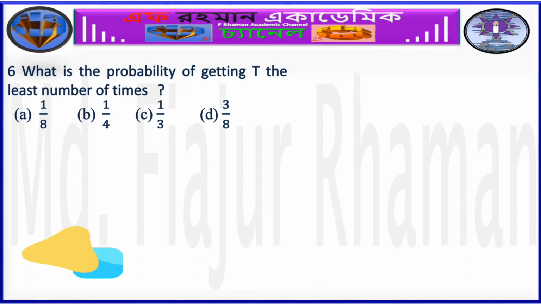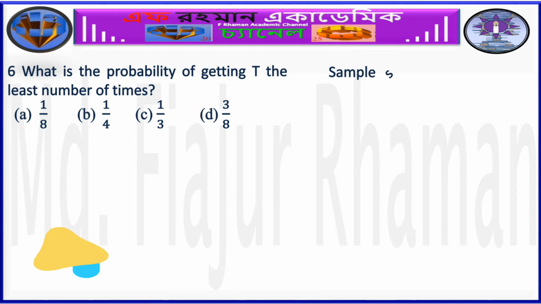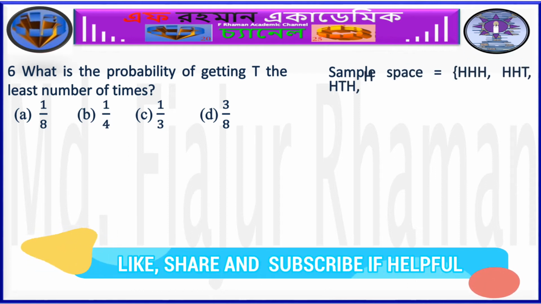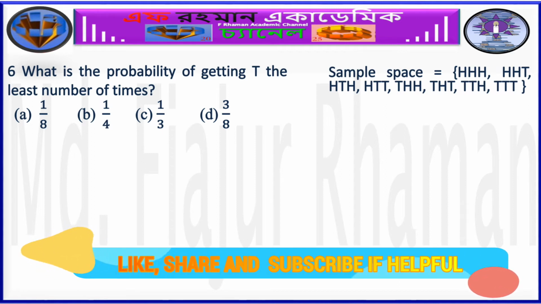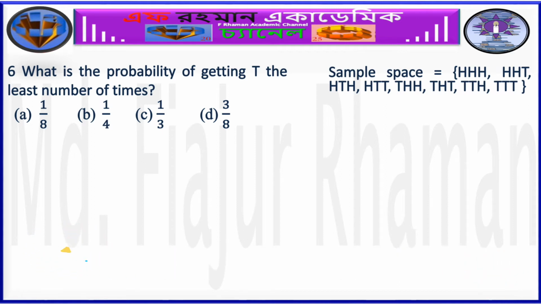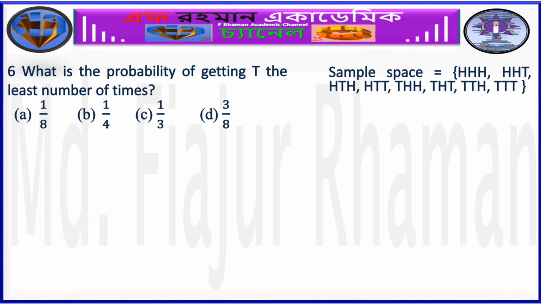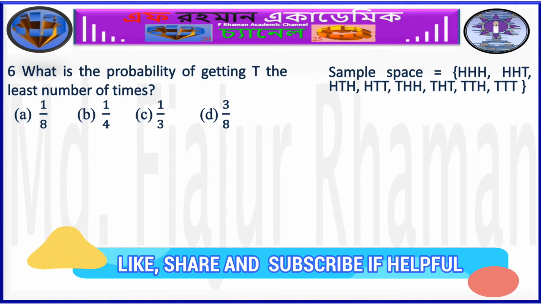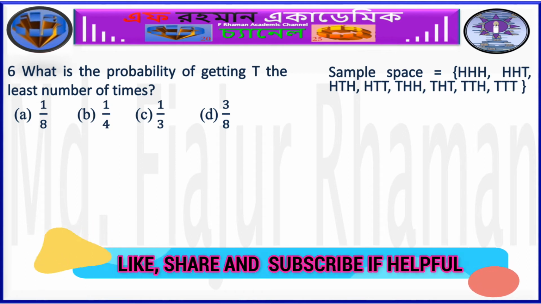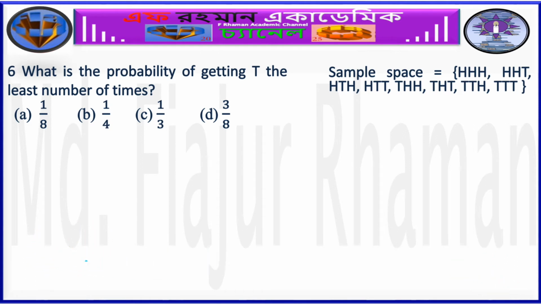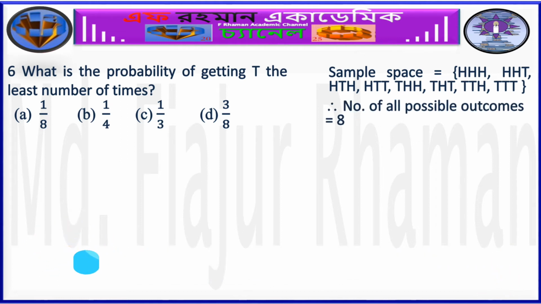MCQ 6. What is the probability of getting T the least number of times? If a coin is tossed thrice, then the sample space is the set of HHH, HHT, HTH, HTT, THH, THT, TTH, TTT. Therefore, the number of all possible outcomes is equal to 8.